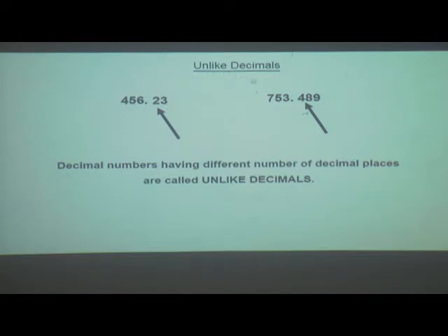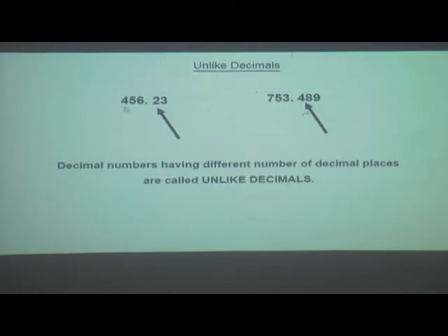We had learned in like decimals that there were two decimal places, one decimal place, three decimal places, where both the numbers had the same number of decimal places. If both numbers have 2, then it is said to be like.